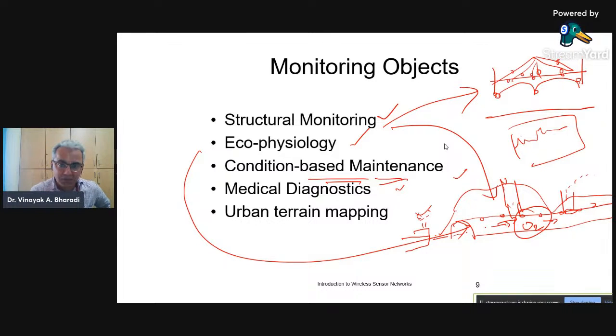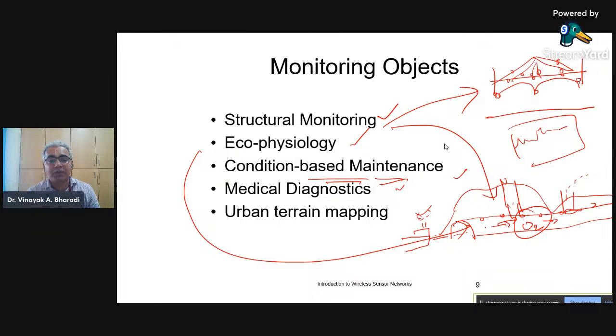Medical diagnostics. We have sensors which can be put inside the body, and then we measure blood pressure, heartbeat, then oxygen. Nowadays, because of COVID, we had this oxygen concentration level. All these diagnostics can be done, and then your smartwatch can monitor that and inform a specific cloud service or doctor so that they can take decisions based on that patient's health condition.